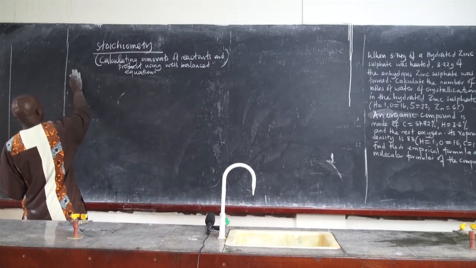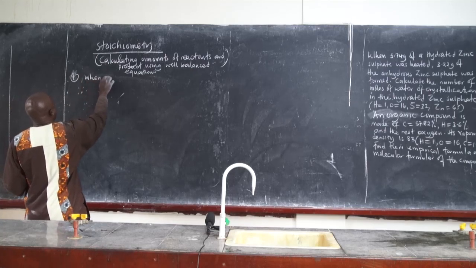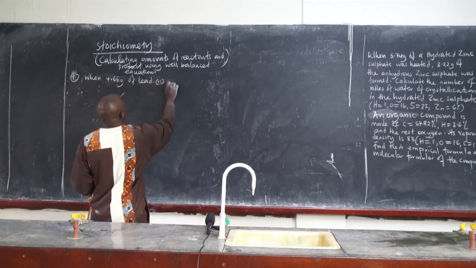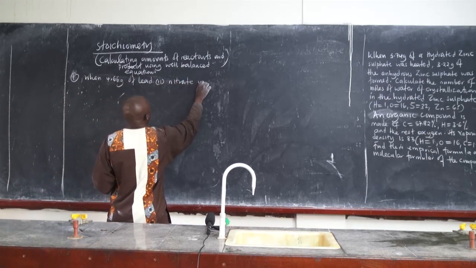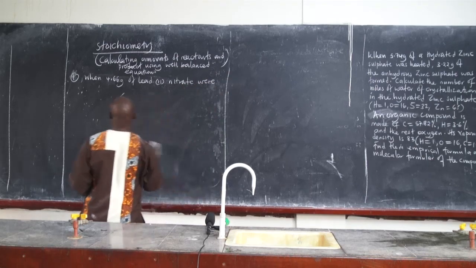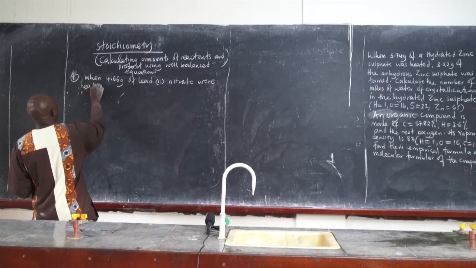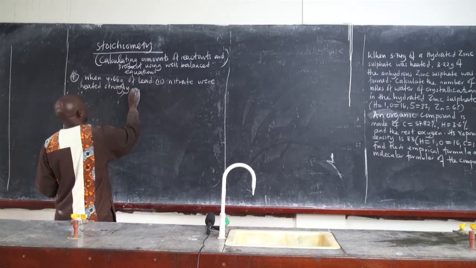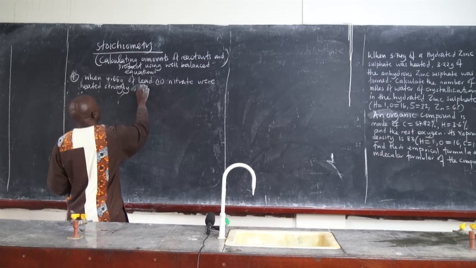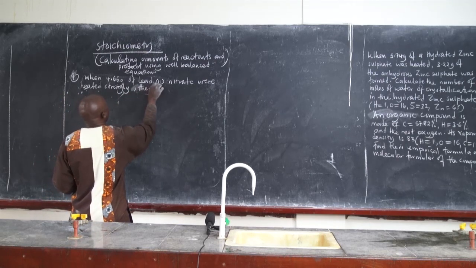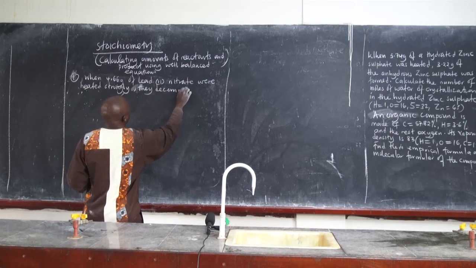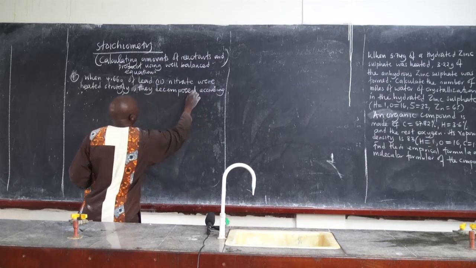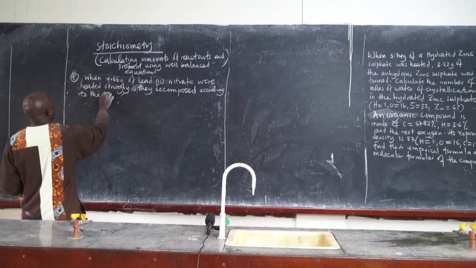So, question 1: when 4.66 grams of lead II nitrate were heated strongly, they decomposed according to the equation.